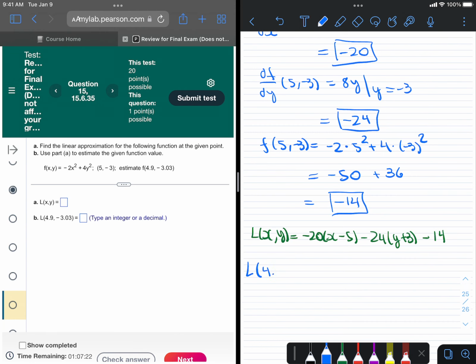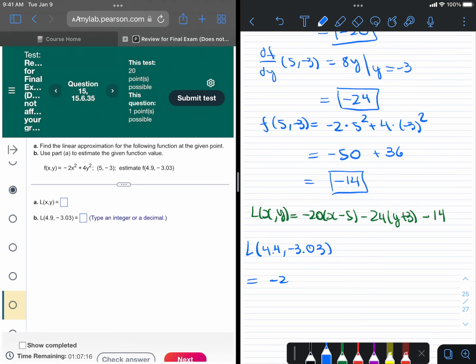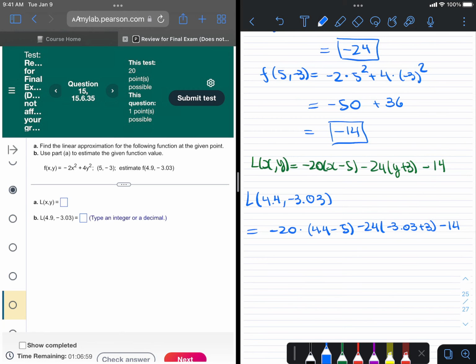Instead, using the linear approximation, we plug those in to get negative 20 times 4.94 minus 5, minus 24 times negative 3.03 plus 3, minus 14. So the idea is, of course, you can use your calculator for that.